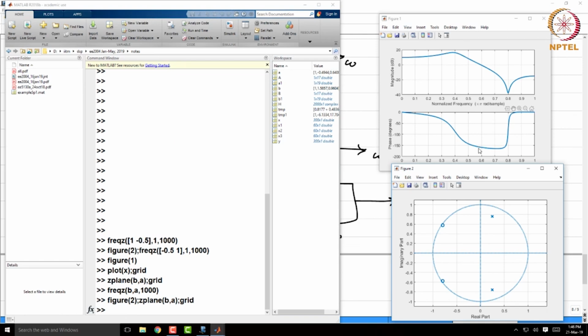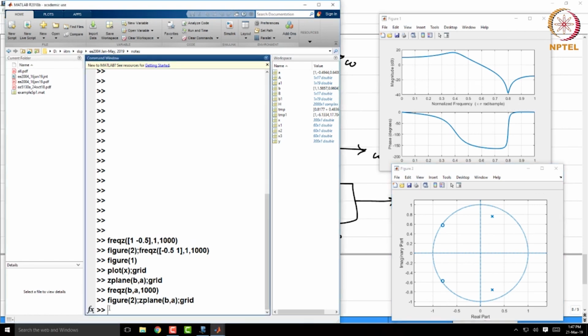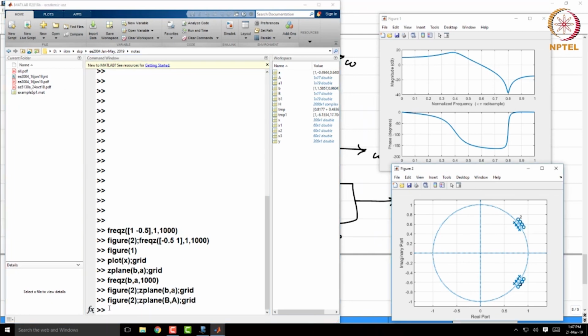Now, the second system is all pass. So, now let me plot the pole 0 plot of the all pass system. So, this is the pole 0 plot, and this is indeed all pass.